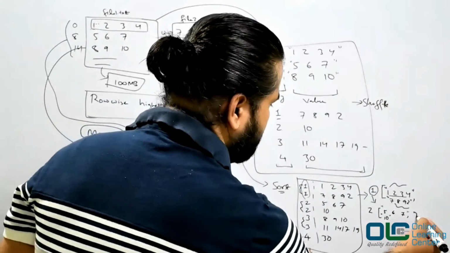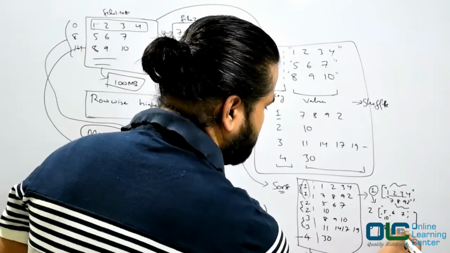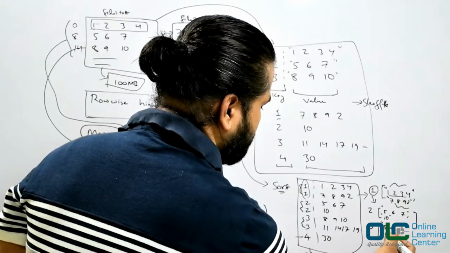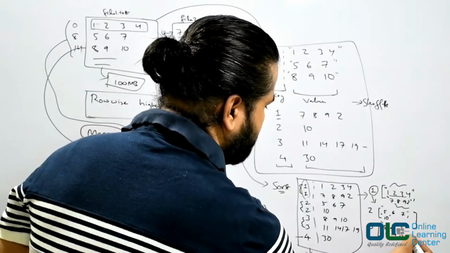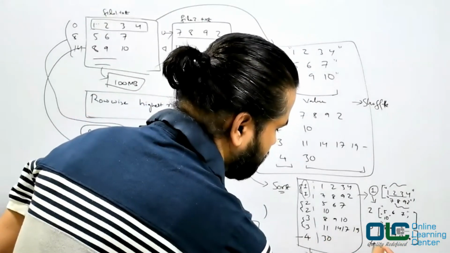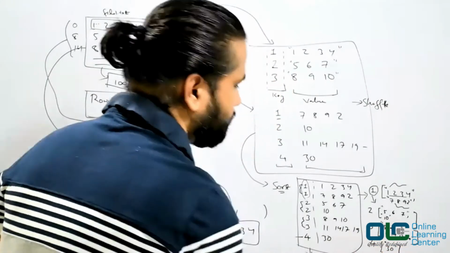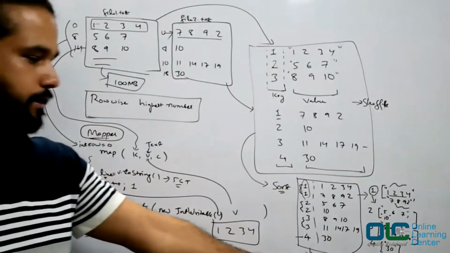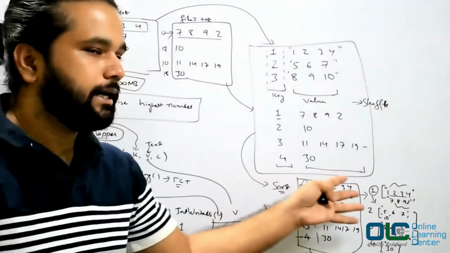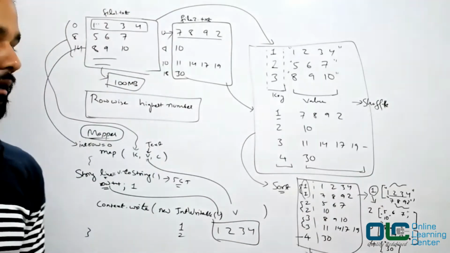Now similarly I have 3 with 8, 9, 10, 11, 14, 17, 19. And then you have 4 with 30. This is what you are going to get after completing your group by. So the data is grouped and you have got 4 groups, 1, 2, 3, 4, done.